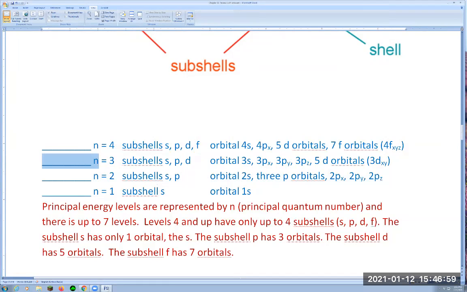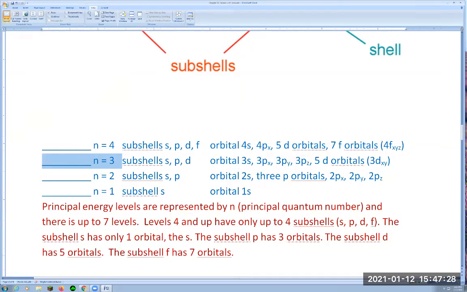Then in the shell n equals 3, there are 3 subshells, because again, that number tells you the number of subshells. The S, the P, and the D. Again, one s orbital only, 3 p orbitals. So they are named 3px, 3py, 3pz. Let me emphasize that the 3 in front here refers to the shell number, right?